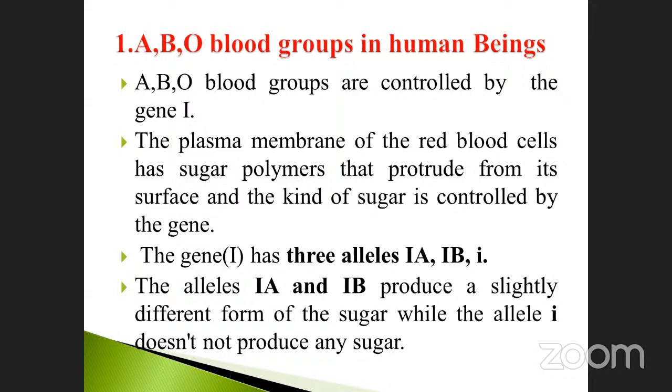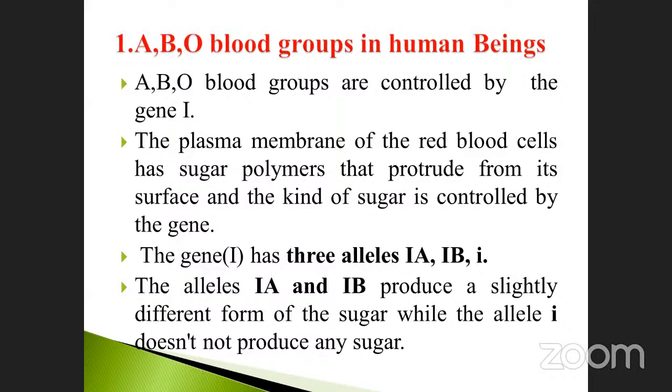One thing, Ajay, I tell you: those who are scientists, take their blood group, all are B positive. Go and check it, you will get the idea. Yes, sir. Good.